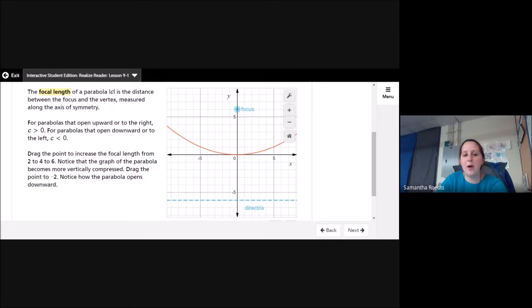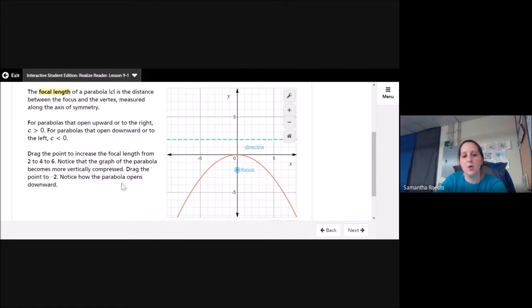Notice that the graph of the parabola becomes more vertically compressed. If I drag the point to negative 2, they're the exact same shape, but my parabola is now opening downward, and my directrix is positive.